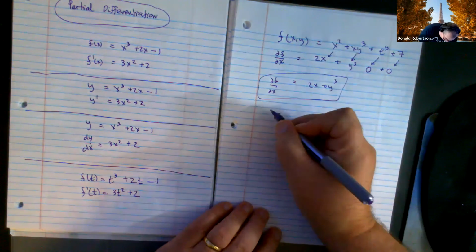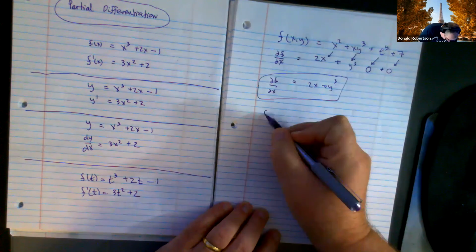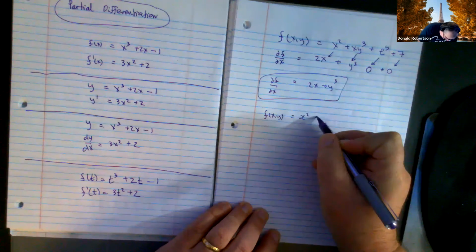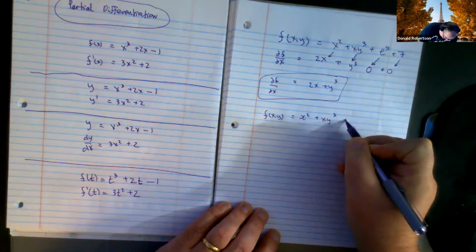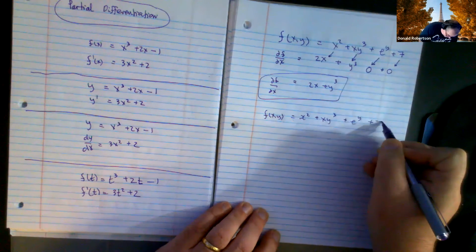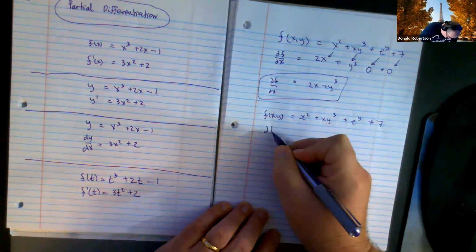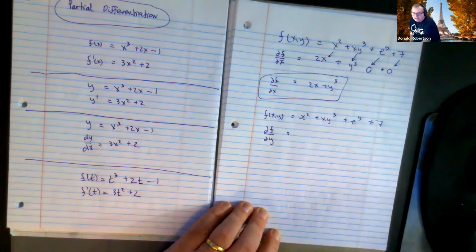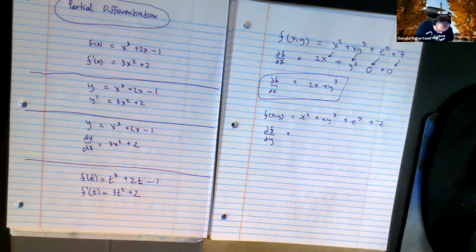Now, same function to start with. I'm just writing it down again because there's a lot of things in the way. You could also be asked to find the partial derivative df by dy. Now, there are 4 guys here.